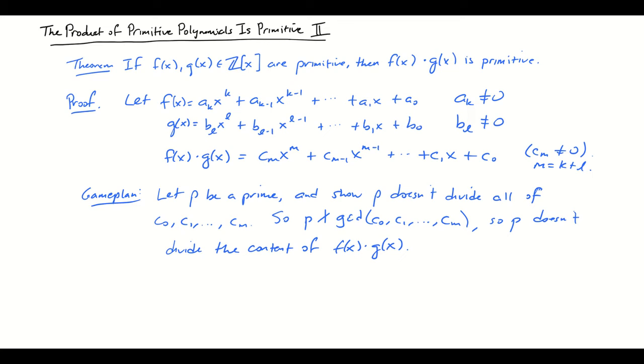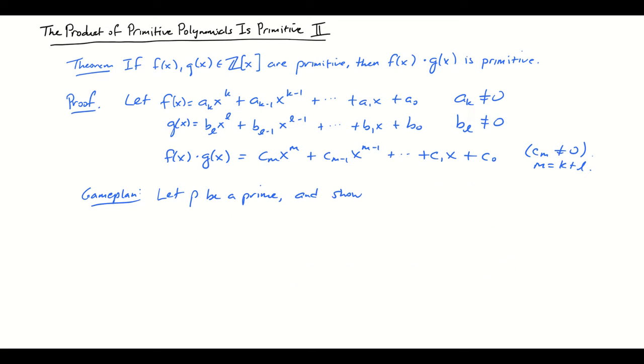Okay, and if the content of f of x times g of x is not divisible by any prime, then what does it have to be? The content won't be divisible by any prime, so it must be 1.